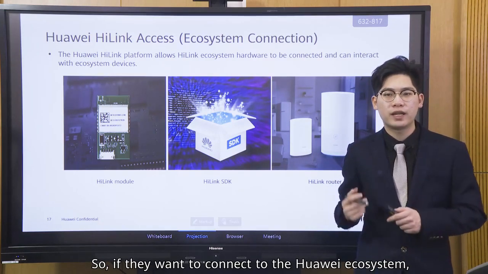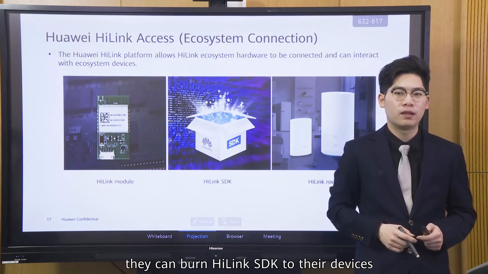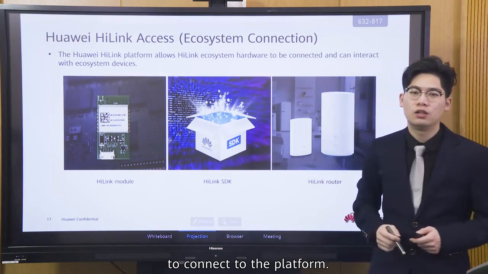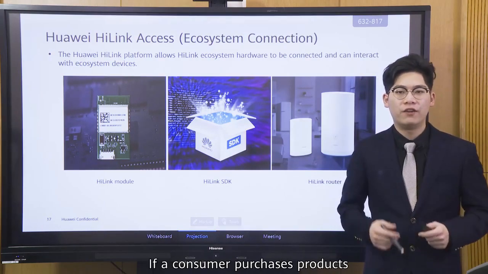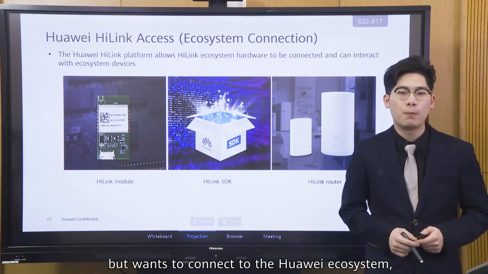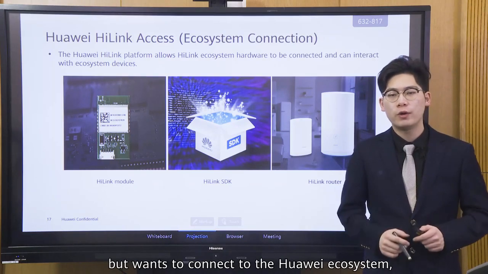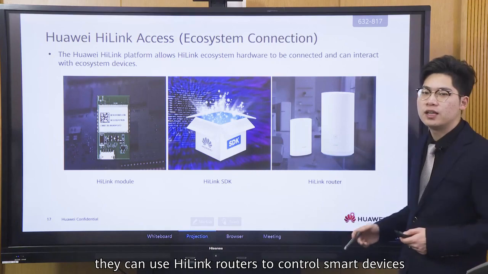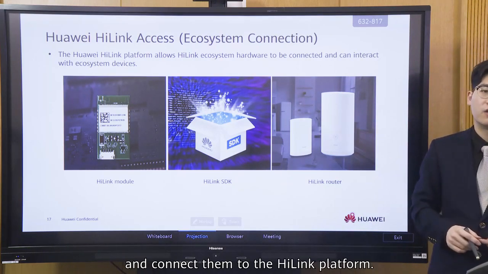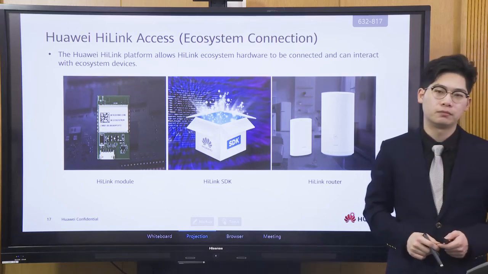So, if they want to connect to the Huawei ecosystem, they can bring the High-Link SDK to their devices to connect to the platform. If a consumer purchases products from different companies but wants to connect to the Huawei ecosystem, they can use High-Link routers to control smart devices and connect them to the High-Link platform.